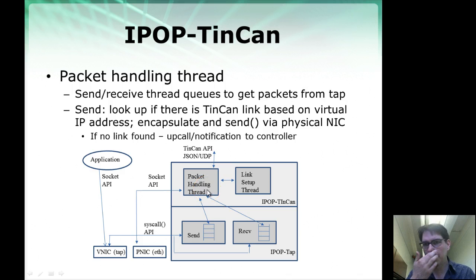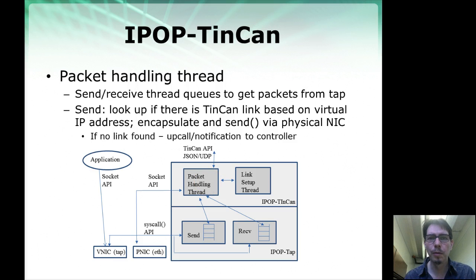Most of the time, if communication has already taken place between two peers, there's already a link that exists between them. But sometimes a link will not exist. So looking up, based on the virtual IP address, is there a link that exists? If that lookup is successful, then this packet is going to be delivered to the libjingle library to send it over the physical network interface and tunnel through the other side of the network.